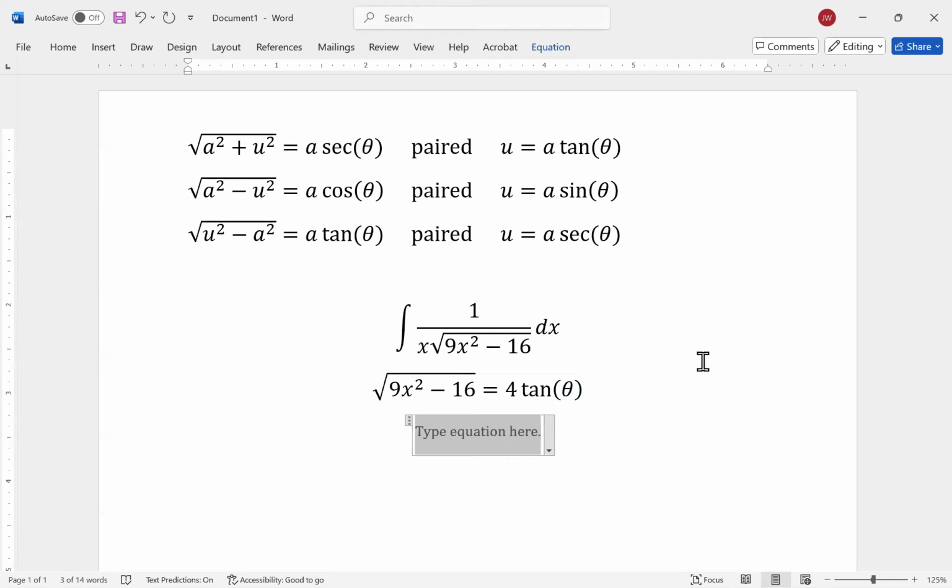That means 3x, again, the square root of 9x squared, my u squared is 9x squared. So 3x is equal to u. 3x is equal to 4 times secant of theta.